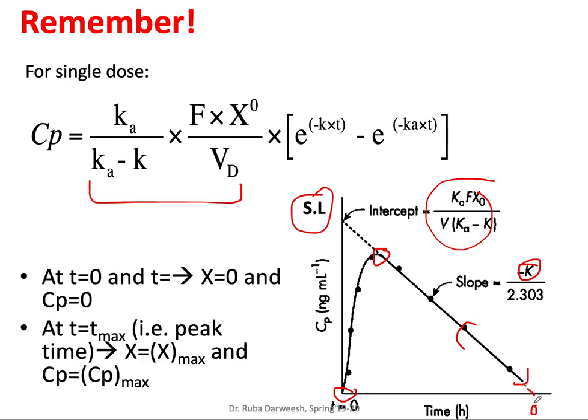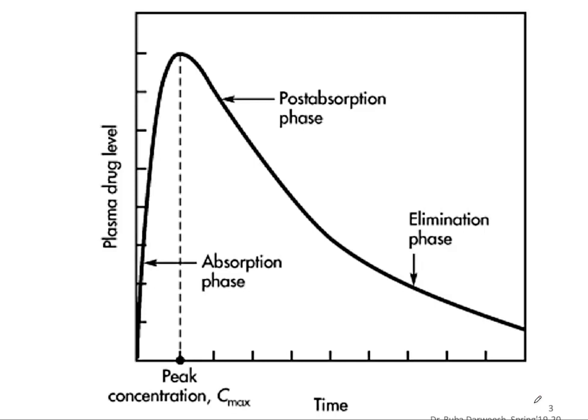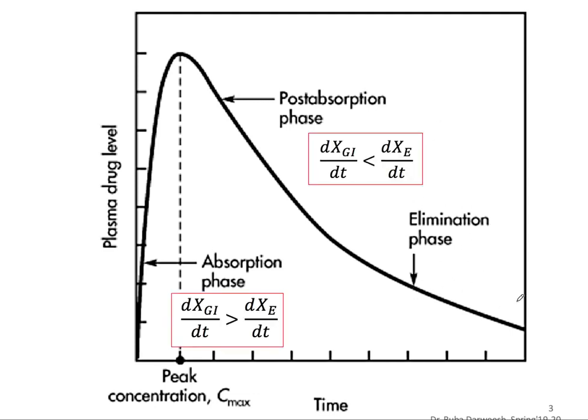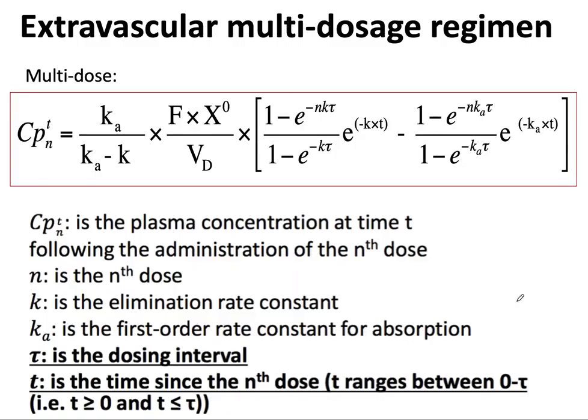This is what we know from the extravascular one compartment single dose. We have the absorption phase, then the post-absorption phase, which is when the elimination rate is higher than the absorption rate, and then only elimination at the terminal phase.